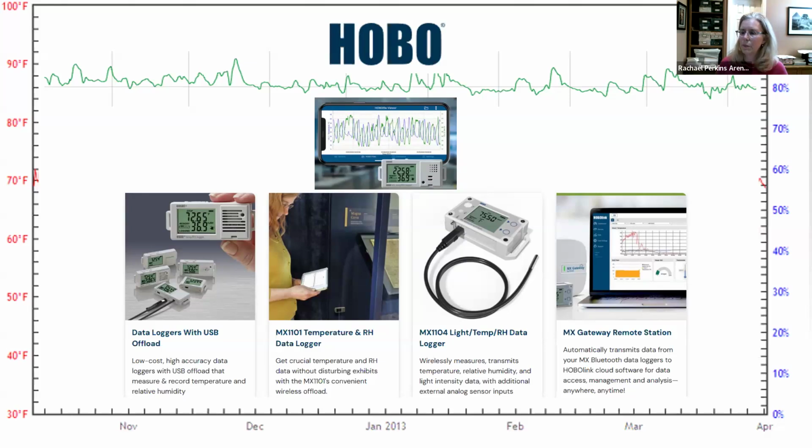It has a bit more of a robust casing, which allows it to be in slightly harsher environments than the 1101. And you'll see that the difference in the casing, if you look specifically at the specs, also has some influence on the plus or minus factor in the accuracy.